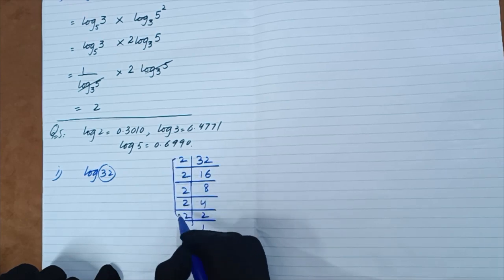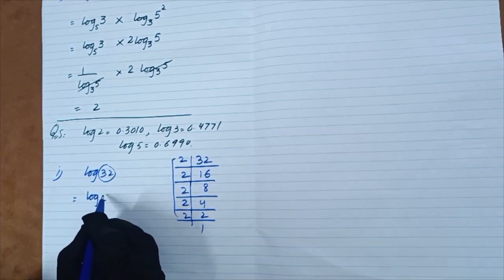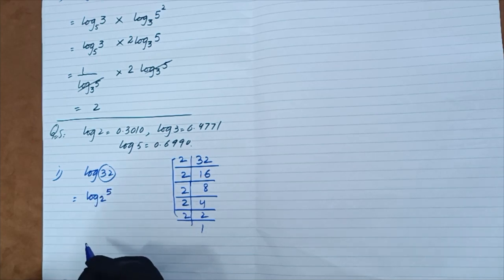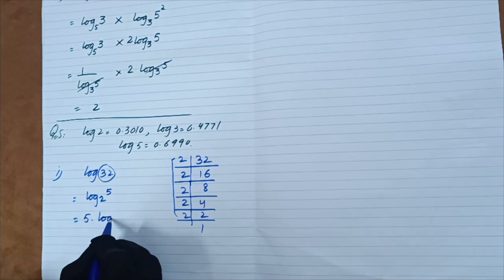So how many times 2? 1, 2, 3, 4, 5. It can be written as log of 2 to the power 5. You know that the power is multiplied at the start: 5 log 2.